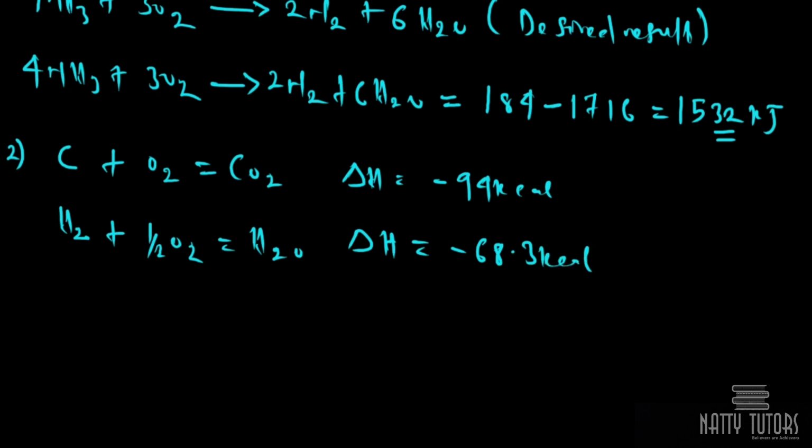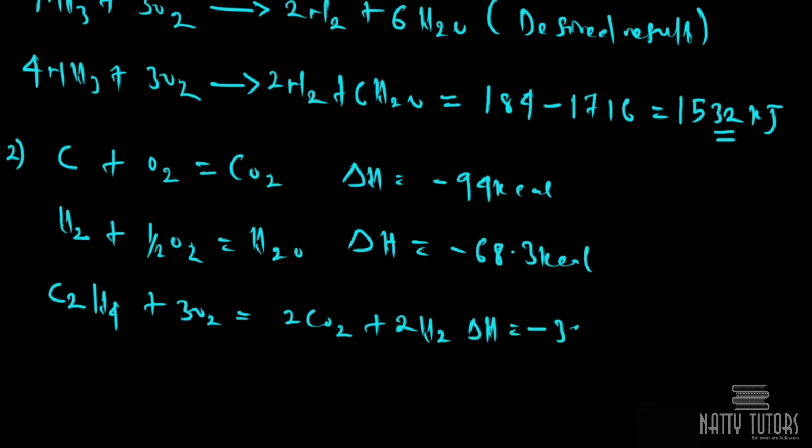The last one gives us C2H4, that is ethene, plus oxygen, kind of a burning reaction. So it produces CO2 plus water, and our change in enthalpy for this one is minus 342 kilocal.